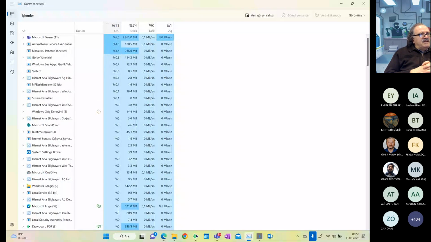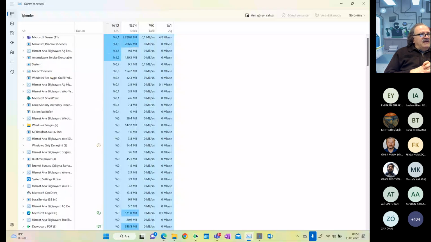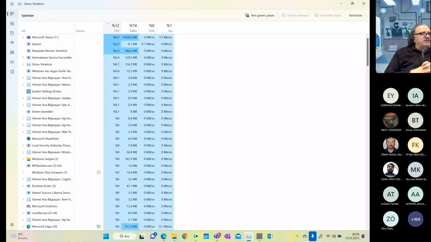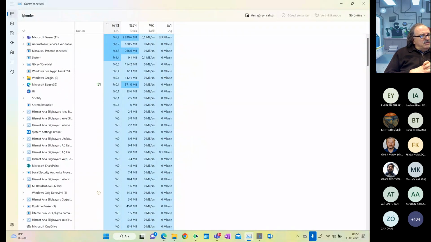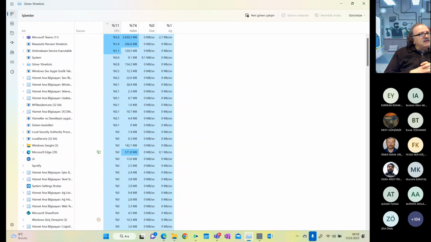But sometimes if the operating system is good, okay, it is optimized, even at 100% CPU utilization, the computer may not appear to be slowing at all or unresponsive, because I have enough CPU time, I can respond to it.